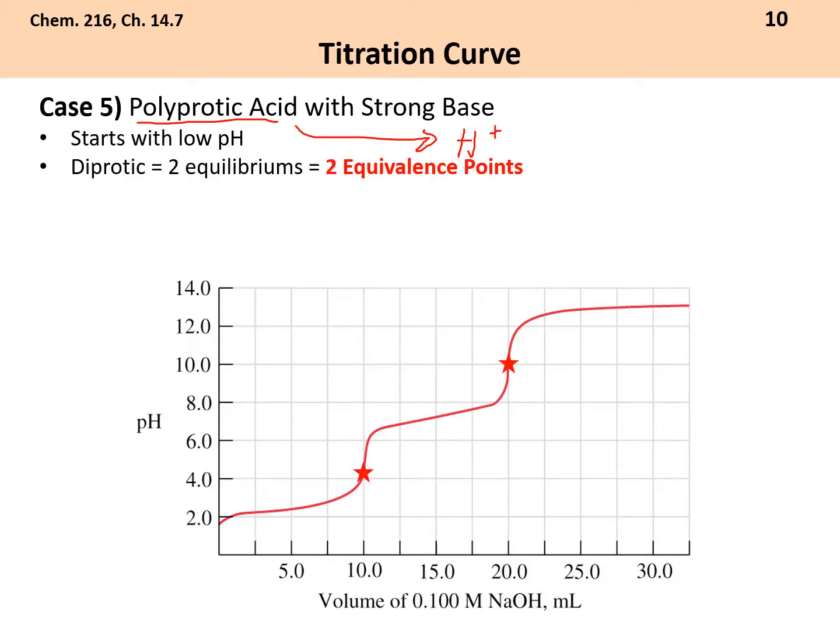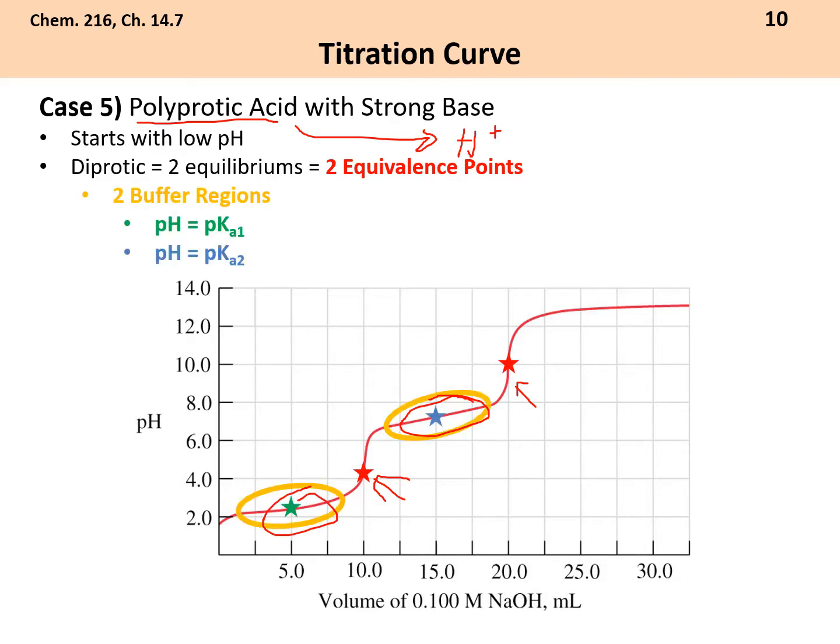So if I add a diprotic acid, I'd end up with 2 equivalence points. And notice right here and right here, these are 2 buffer regions. I could look at the midpoints, and that would give me my pKa1 and my pKa2.